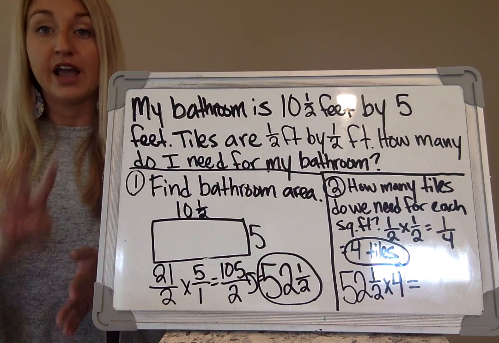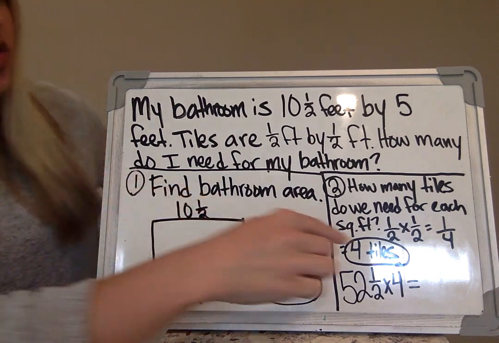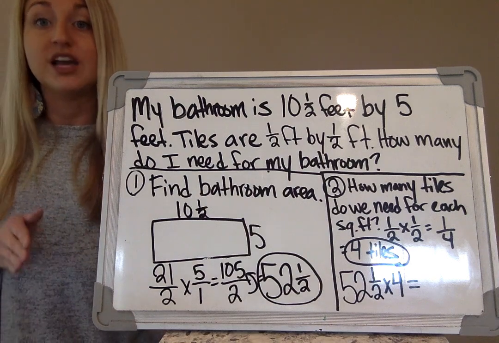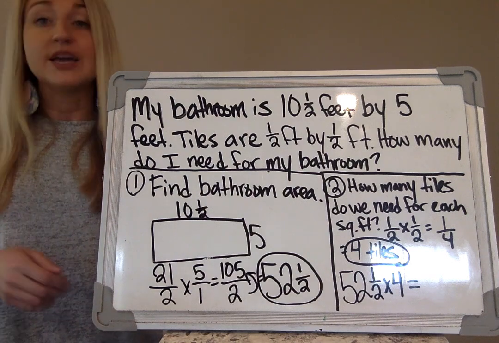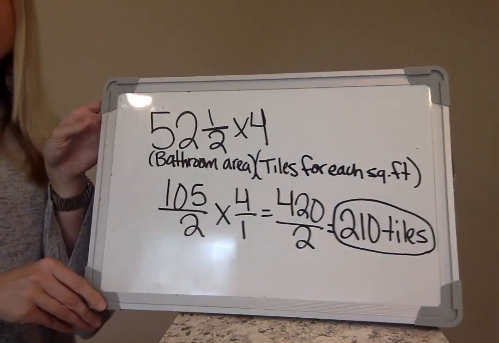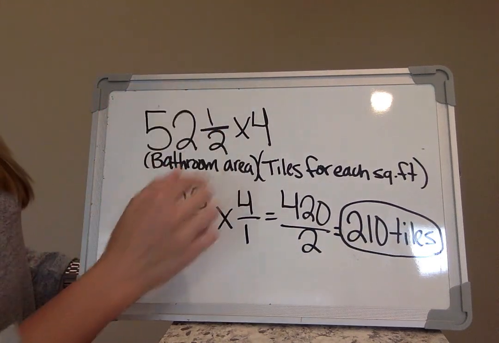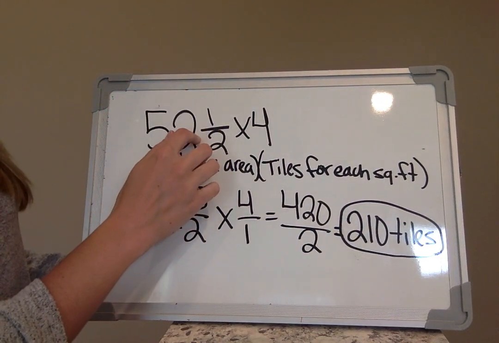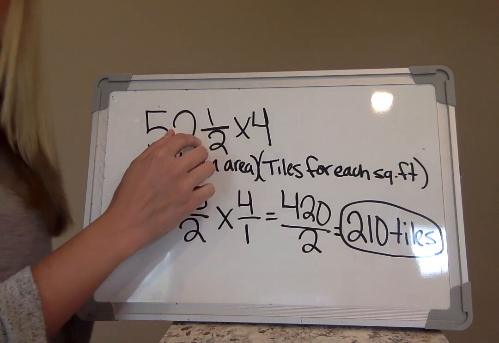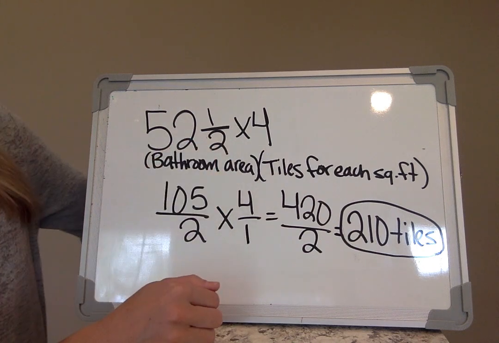So now that we know that there need to be 4 tiles to equal each whole square foot, we can multiply 4, because 4 tiles are equal to 1 square foot, by our total amount of square feet in the bathroom, which is 52.5. Same thing we've been doing here. When we multiply a mixed number by a whole number, use our clock method: 2 times 52 is 104, plus 1 is 105, keep the denominator the same.